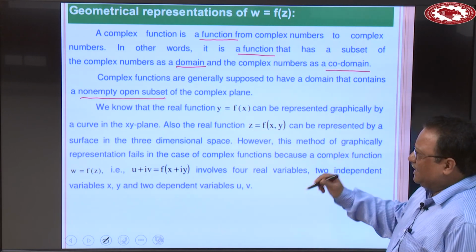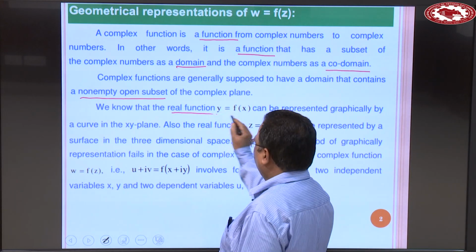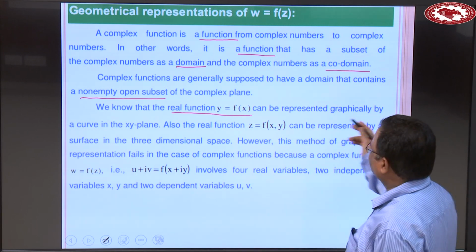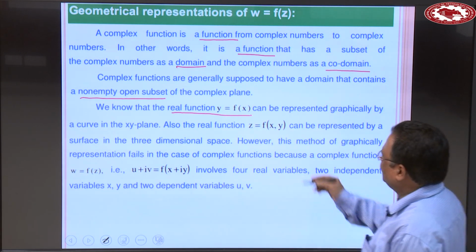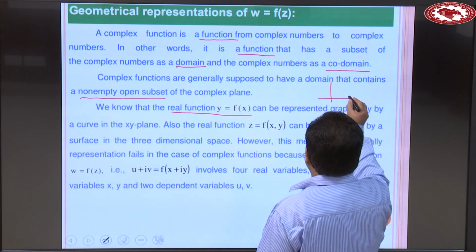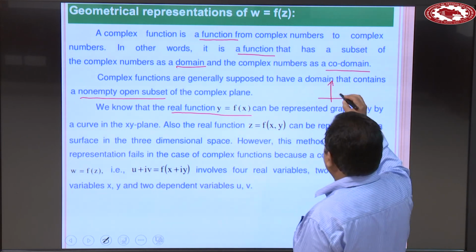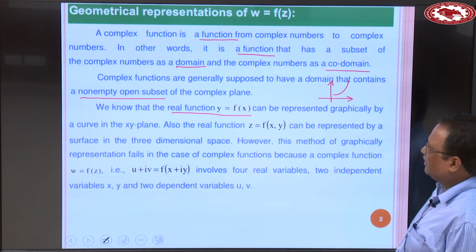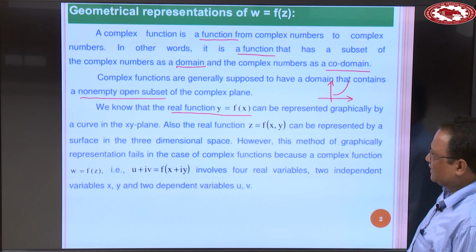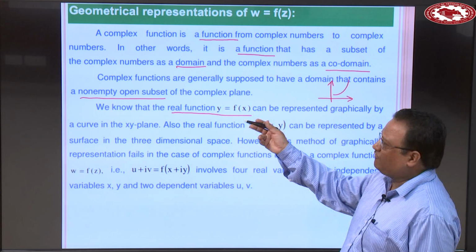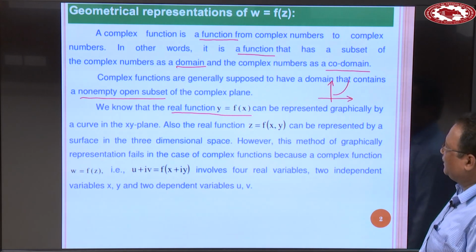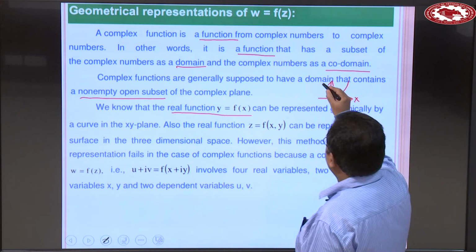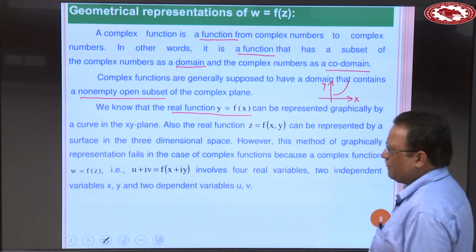As we know, a real function y = f(x) can be represented graphically by a curve in the xy plane. We consider this x axis and this y axis, and this one is the curve y = f(x).